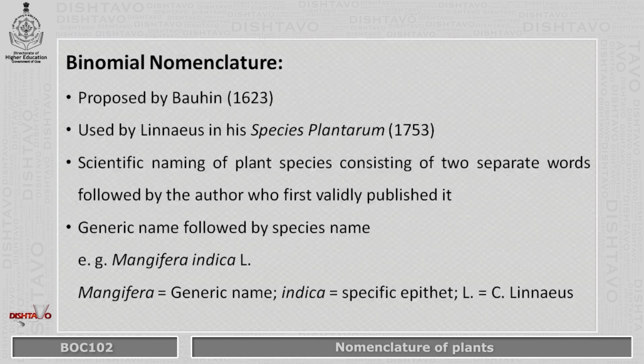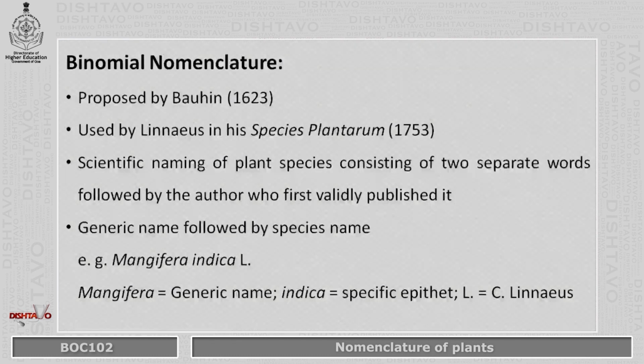Botanical nomenclature uses a two-word naming system which is called binomial nomenclature. The concept of binomial nomenclature was first proposed by Caspar Bauhin in the year 1623, but it was Linnaeus who used this concept in his Species Plantarum.